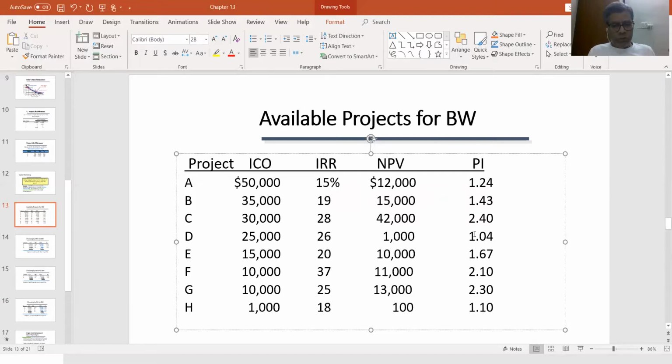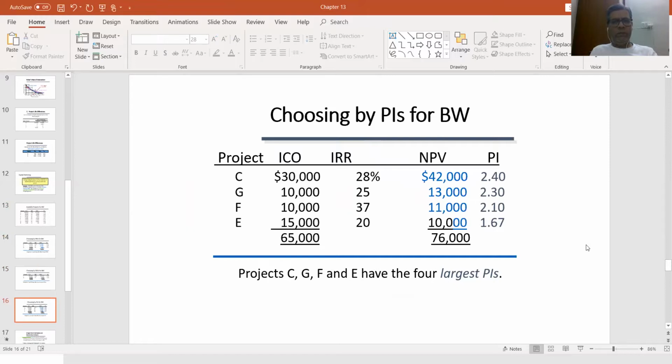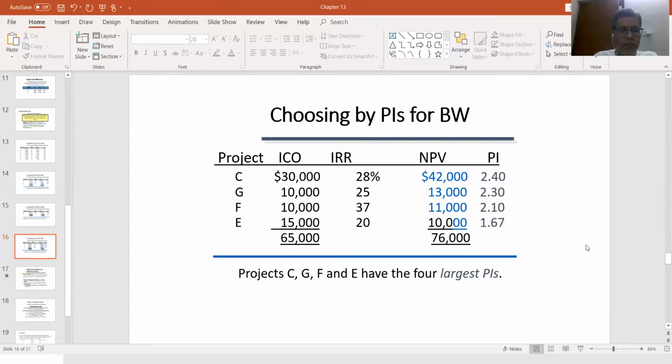C project has the highest PI value, then project G and project F, and then project E. So we can select on the basis of PI. Yes, here we have the values, and we can find that the projects are being selected on the basis of PI, and this is the method.